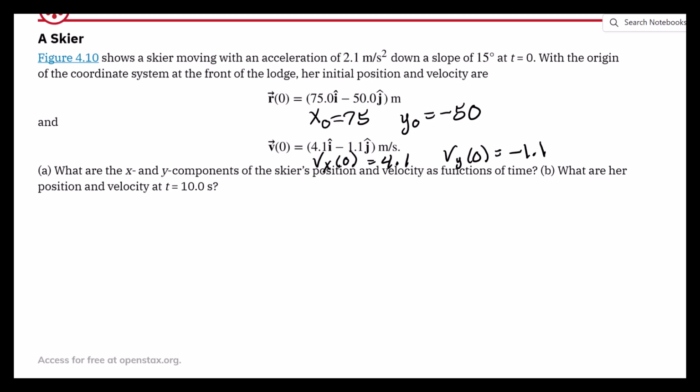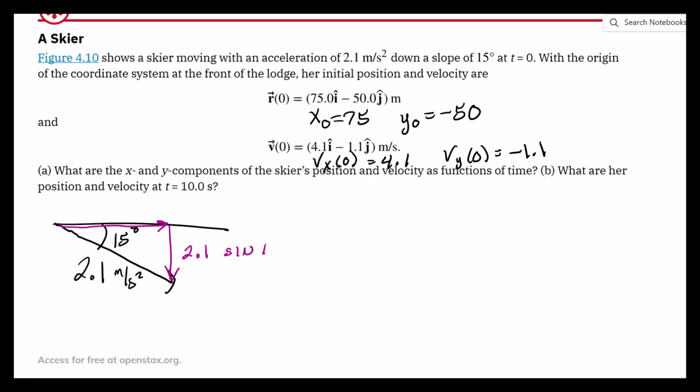It's telling us that we have an acceleration at a slope of 15 degrees of 2.1 meters per second squared. So the two components, the sign is the opposite, so this is going to be 2.1 sine 15, and the adjacent is 2.1 cosine 15 degrees.